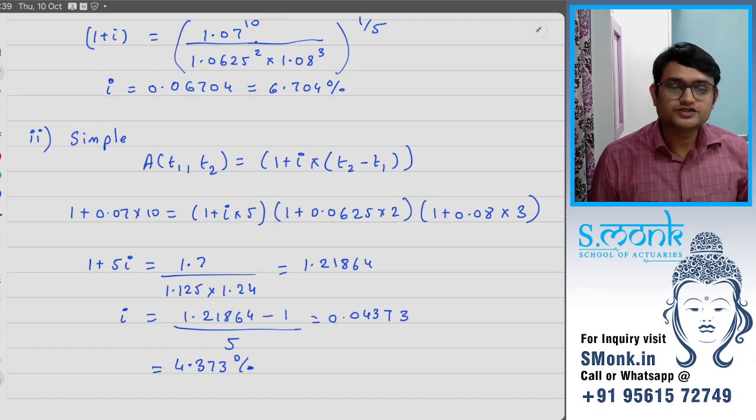This is how we'll get the rate of interest using the principle of consistency. Now actually, simple interest is not consistent. Okay, simple interest is not consistent. So we almost never will use this in real life.